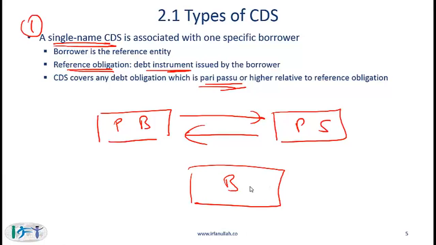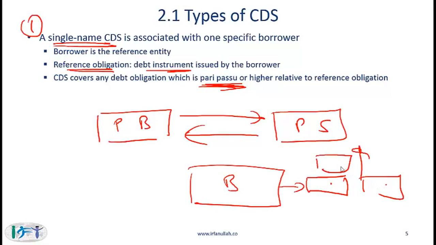So if the borrower is General Electric and General Electric has issued several bonds, then the bonds that rank at the same level in terms of priority of payments are pari passu. The CDS would cover those bonds which are ranked at the same level plus bonds that are ranked higher. So this is an important point to note.